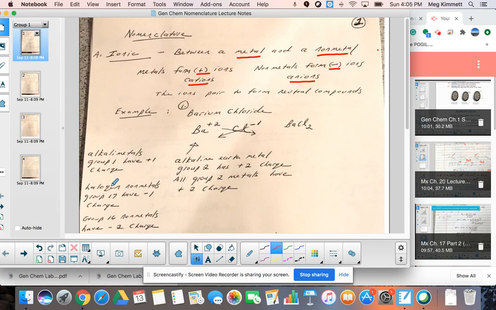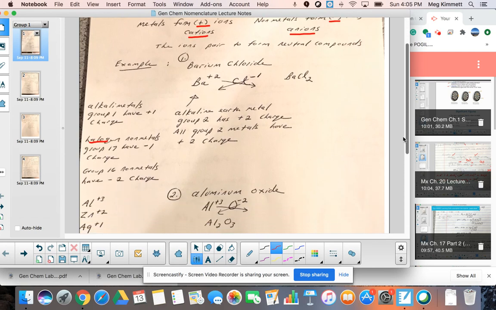Then if I go way over to the right, to the second to the last column, group 17, the halogens, those are non-metals, those all have a -1 charge. And then I go one left of that to group 16. They are non-metals and they all have a -2 charge.